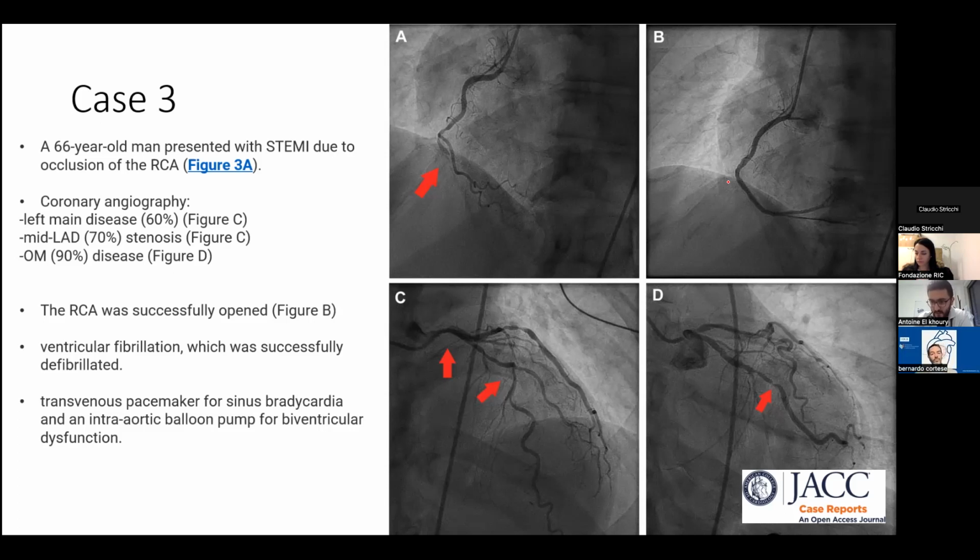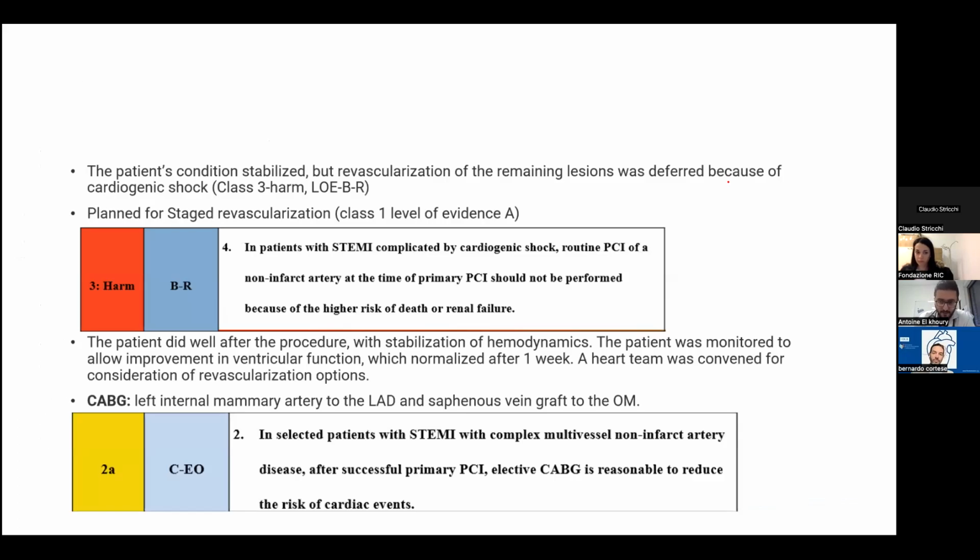And in that case, it was better to do a CABG instead of putting a stent in all the vessels, because we have also a lesion of the proximal left main vessel, in addition to lesions of the mid LAD and obtuse marginal. So it was a 3-vessel disease. So they proceeded with coronary artery bypass graft, which is a surgery to treat the vessel.